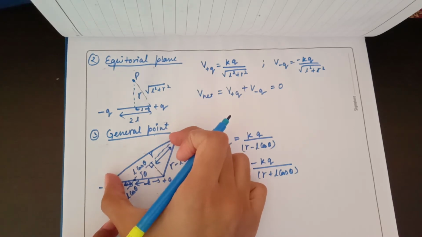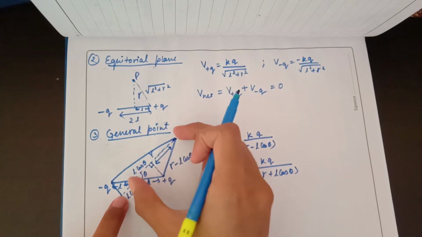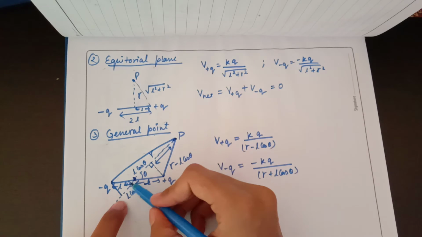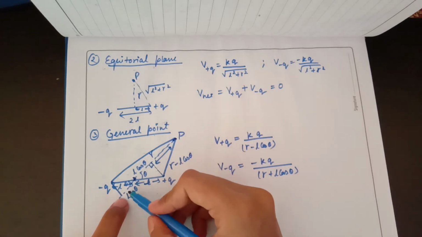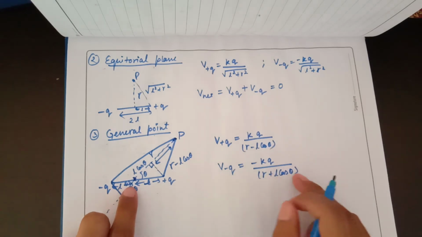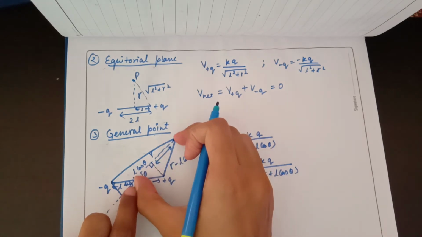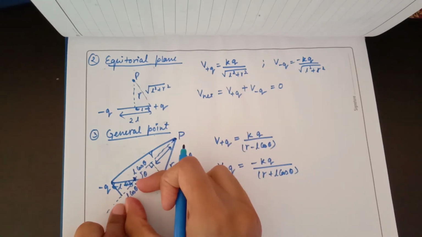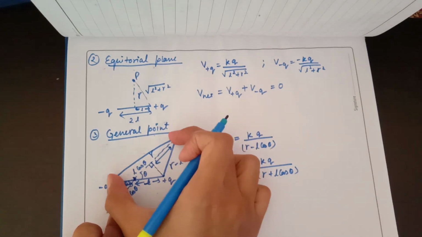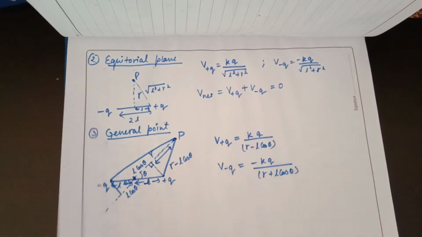So this length should be equal to this length, and the value of this length is R. R is the distance from this point to this point, and I will add L cos theta to it. So it gives me Kq divided by R plus L cos theta. You can see from here that this distance is R and this distance is L cos theta. So I'll just write R plus L cos theta for this line. So you can see it again.